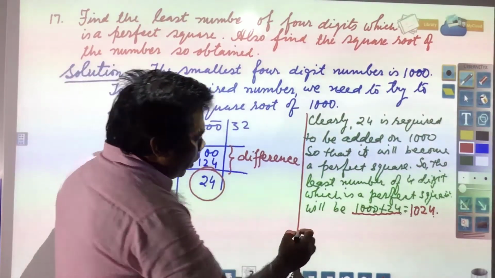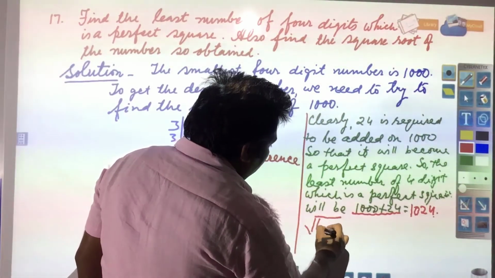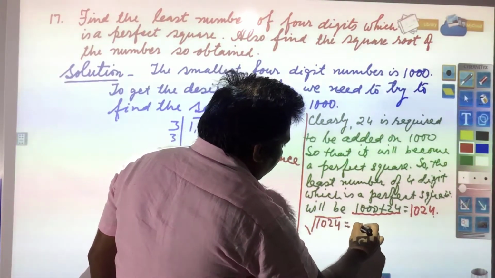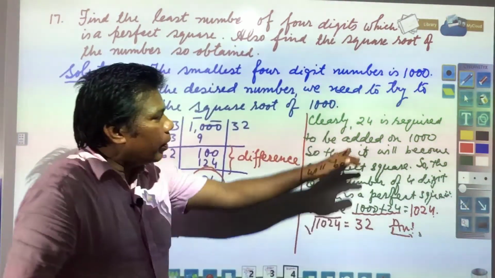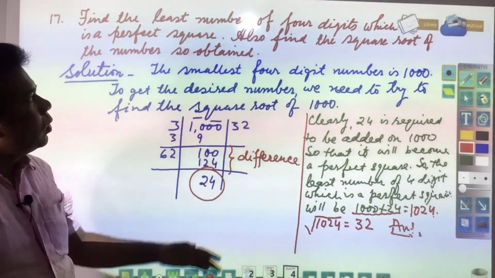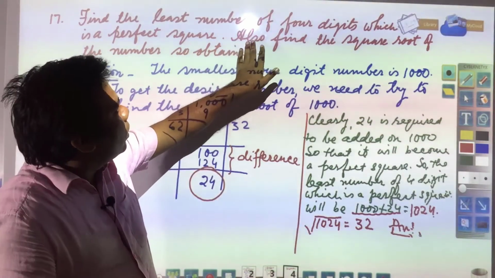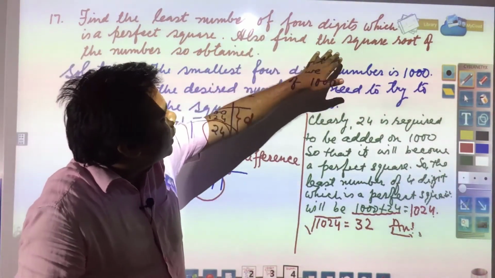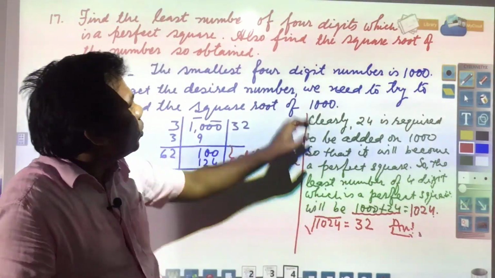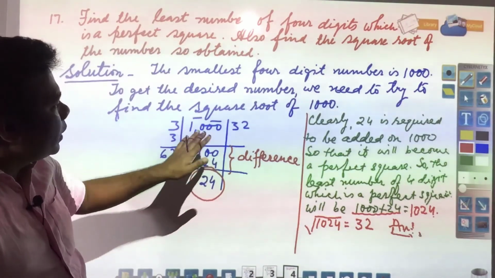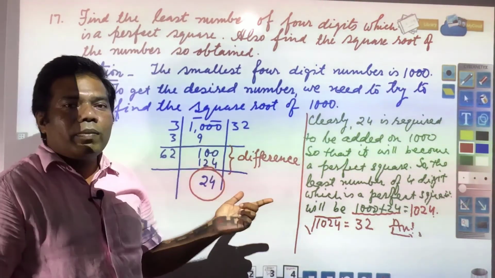So the square root of 1024 will be 32. So in this way we need to write a proper answer for everything. You had to find out the square root of the number so obtained, the square root of the number is 32, and already you have got the least 4 digit number which is a perfect square.